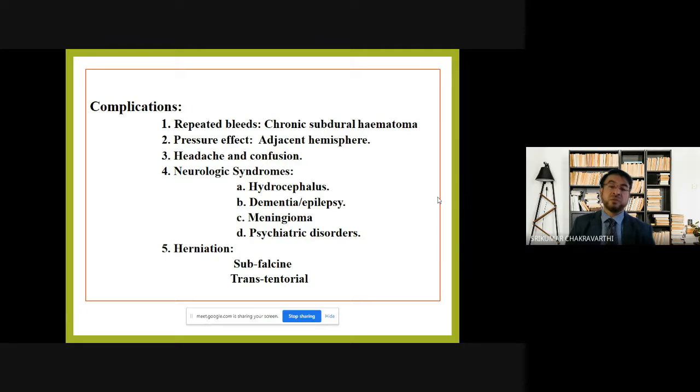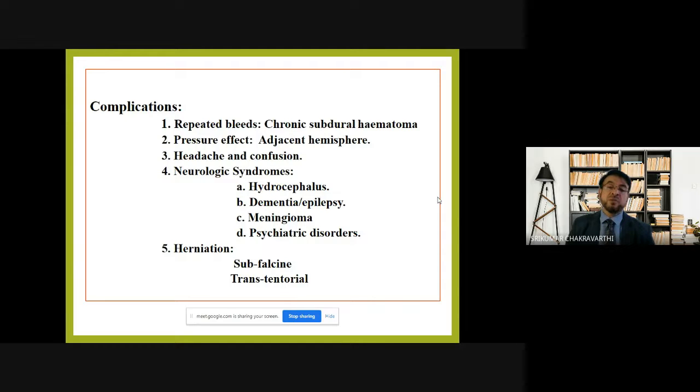The patient can have repeated bleeding, which can result in chronic subdural hematoma, where this could occur in conditions when he has thrombocytopenia, or is suffering from any bleeding disorders, or on anticoagulant therapy. The pressure of the blood on this hemisphere can cause the brain to pressurize on the other side, and it can affect the adjacent hemisphere.